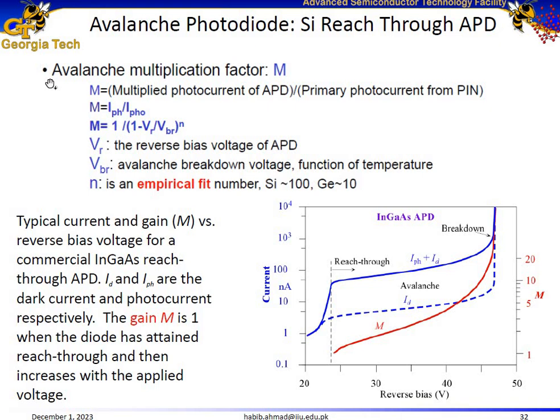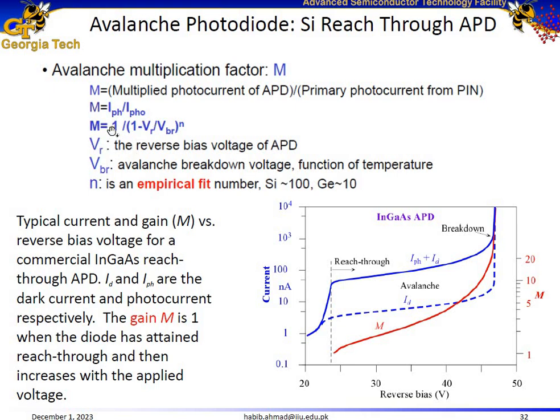So consider an avalanche multiplication factor M, which is the ratio of the multiplied photocurrent divided by the primary photocurrent. M is equal to the multiplied photocurrent represented with I_PH divided by the primary photocurrent represented with I_PH0.